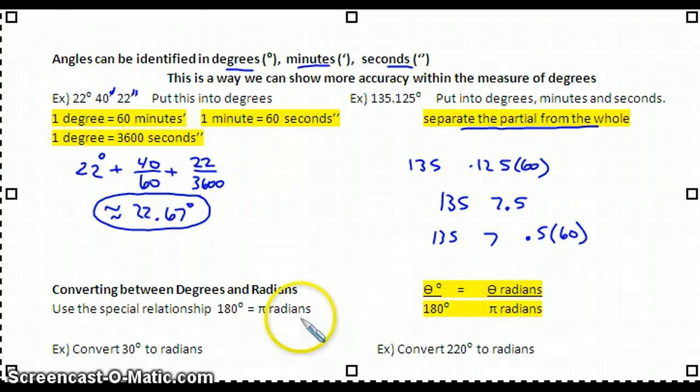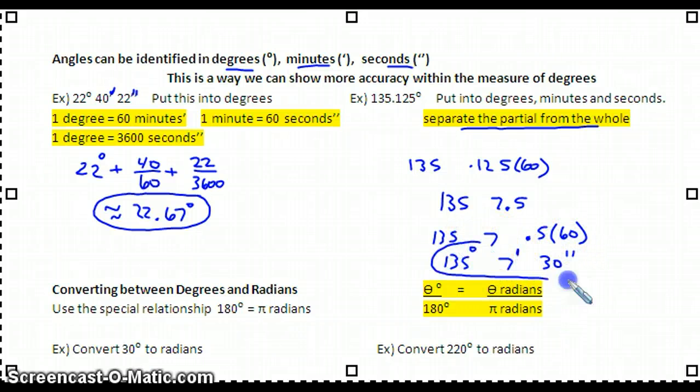I'm trying to change decimal degrees into seconds. That's what I'm trying to change this part to. So when I multiply this out, I end up with 30. So I'd have 135, 7, and 30. And now I can just go through and put my symbols in there. This is 135 degrees, this is minutes, and this would be seconds.